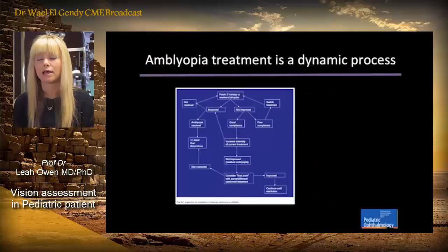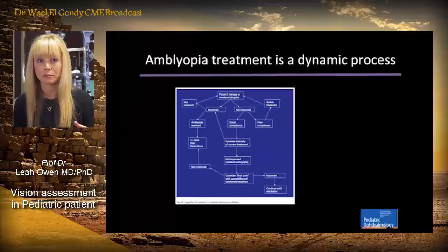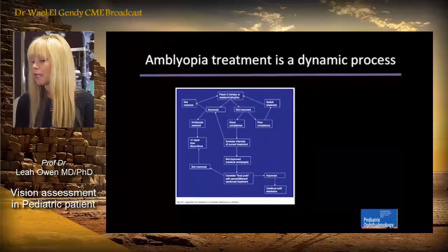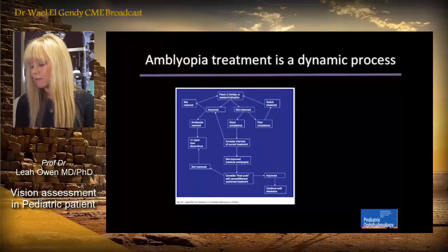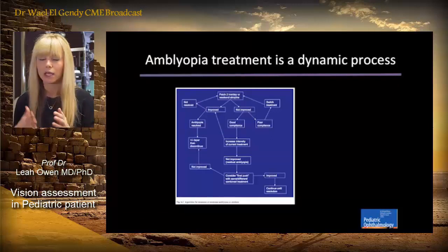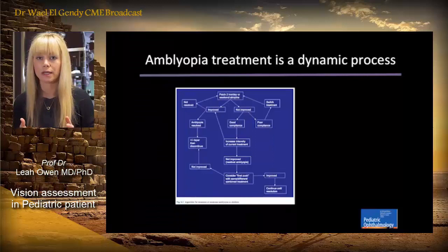But I think that overall, amblyopia treatment's a dynamic process. Every family and every child is different. And so you can see from the flow diagram here, which I think is a good exemplification of the thought process we use in clinic.